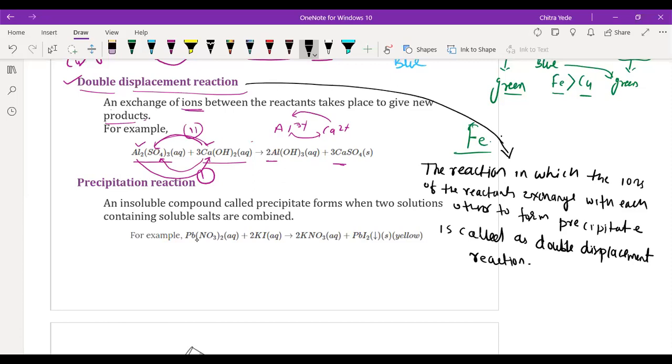Okay, so this is the example for a double displacement reaction.